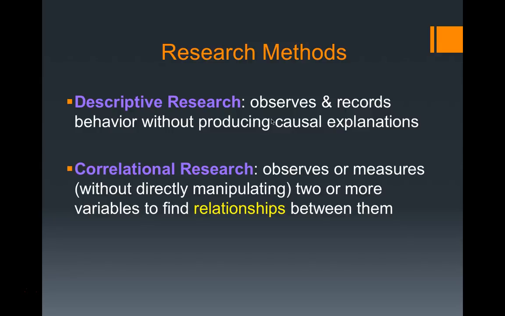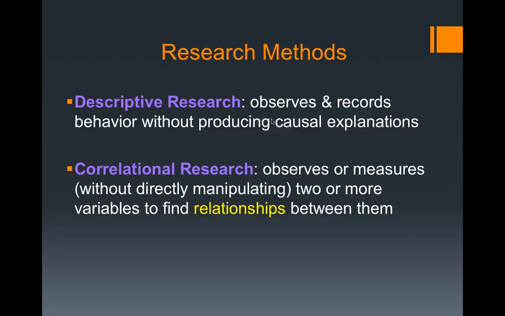Correlational research adds another layer. Now we observe and measure two or more variables without manipulating them, to see if they're related to each other. Are they related such that as one changes, so does the other?